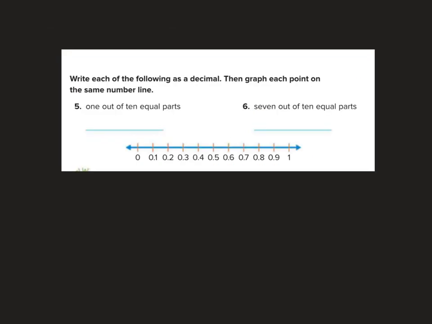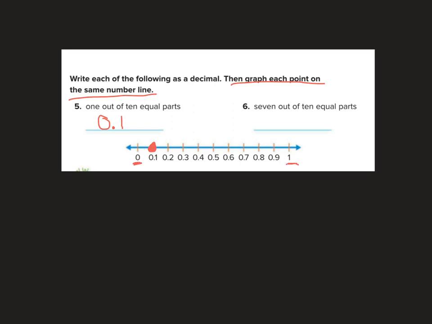Write each of the following as a decimal. Then graph each point on the same number line. 1 out of 10 equal parts would be also we could say as 1/10 or 0 and 1/10. So that would be right here on the number line. Here's 0, here's 1.